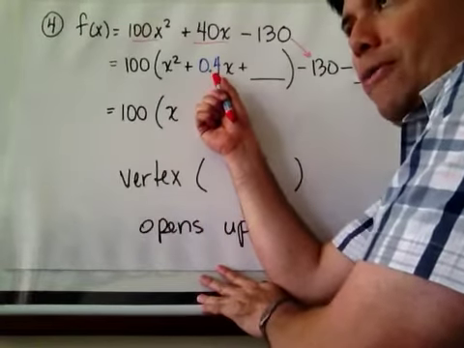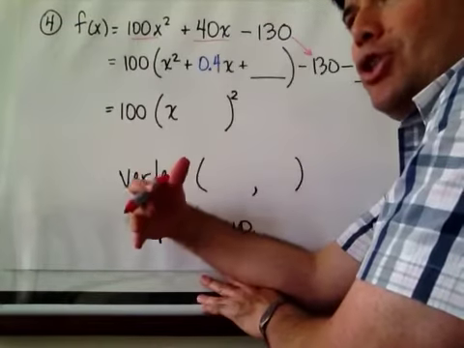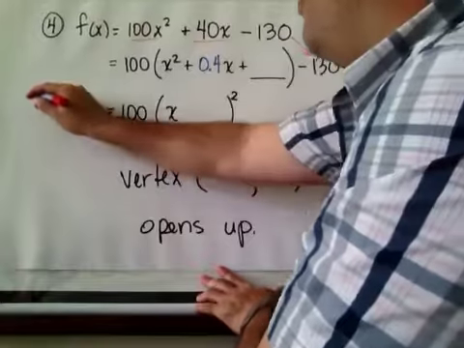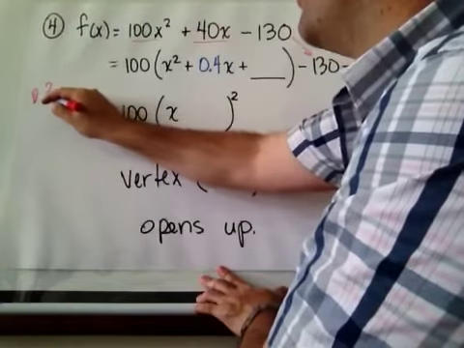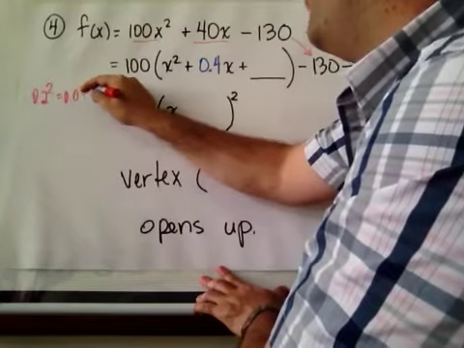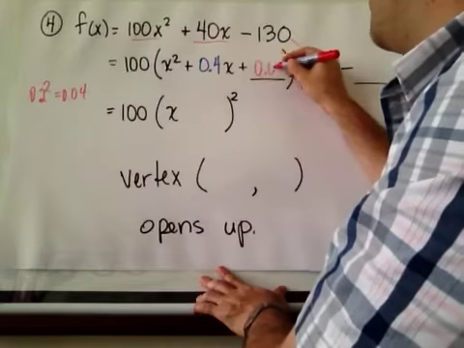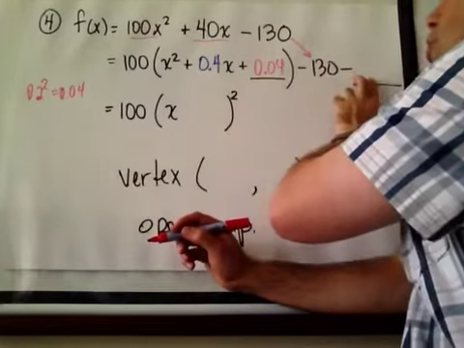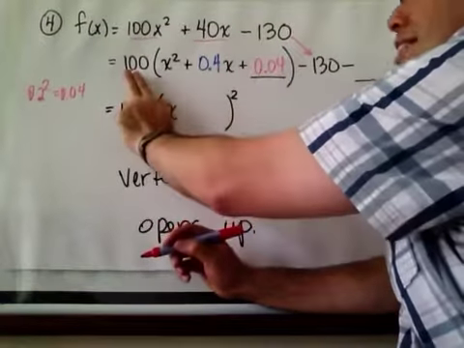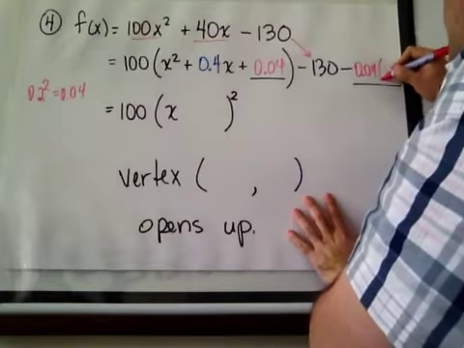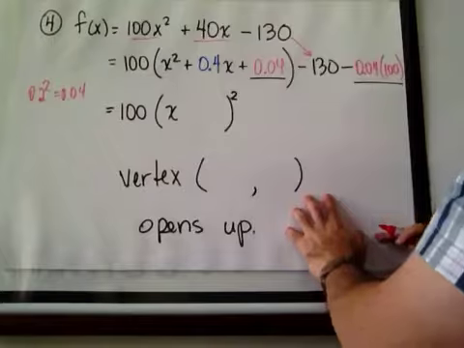So we take the 0.4 divided by 2, that's 0.2, and square it. Now, 0.2 squared is 0.04. That's what I added. And what I'm going to subtract is 0.04 times 100. That's 4.